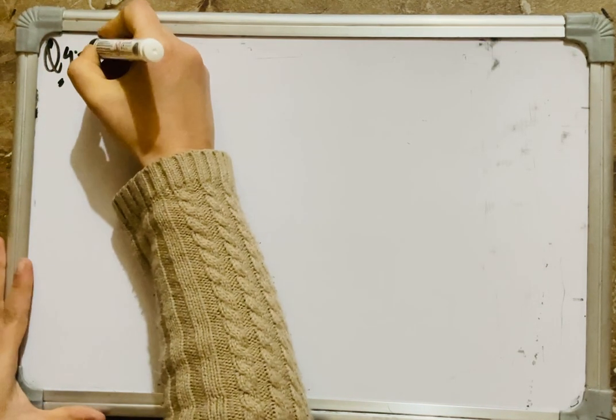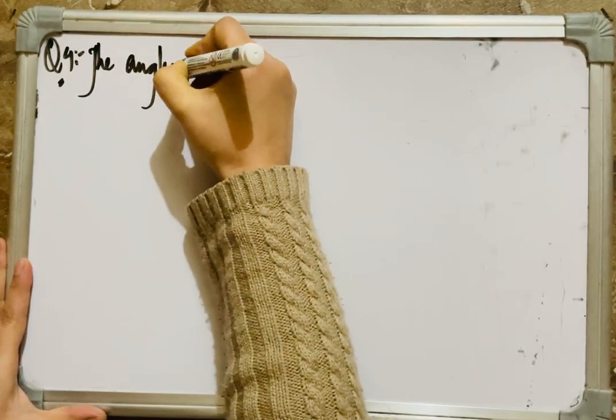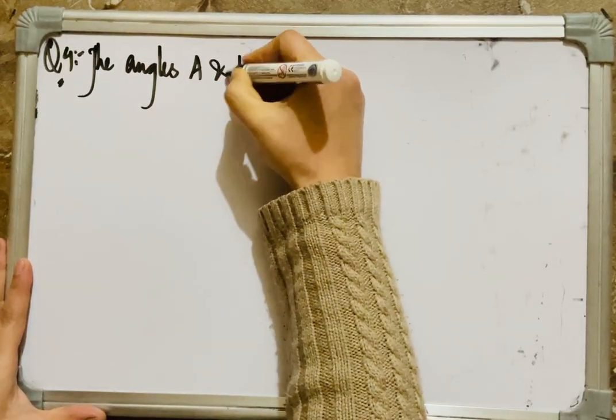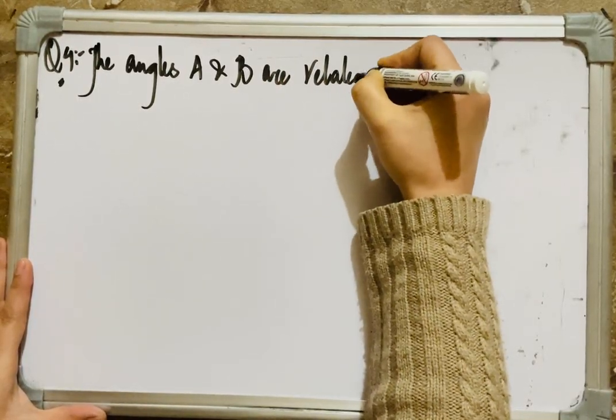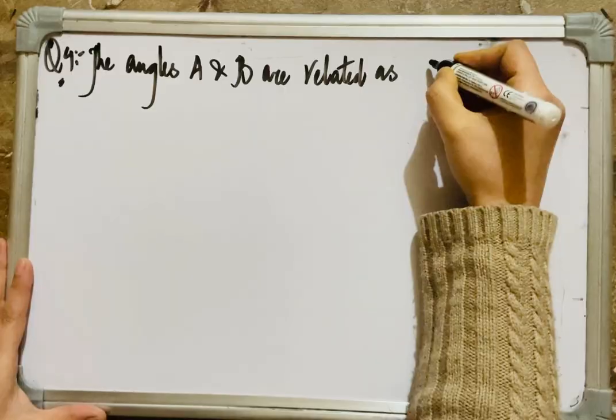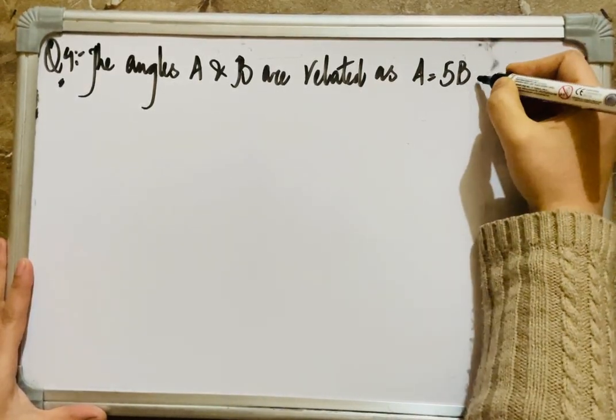the angles A and B are related as A is 5 times B. All right.